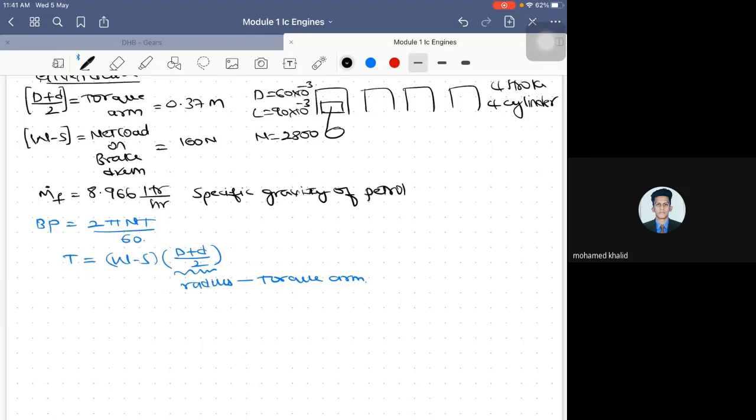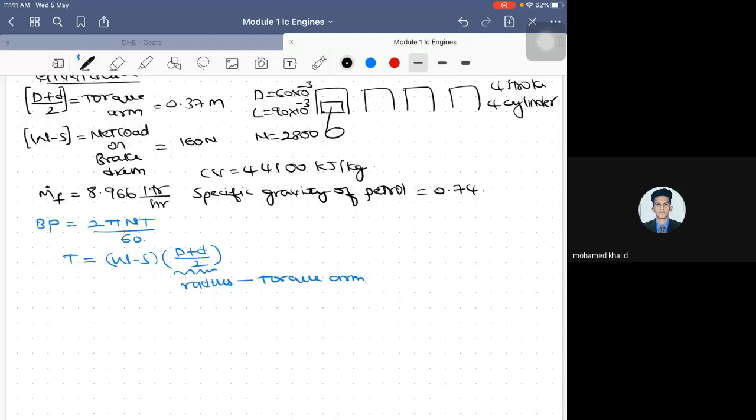How much has he given? It is 0.74. It has a lower calorific value, so CV value is being given. It is 44100 kilojoules per kg.